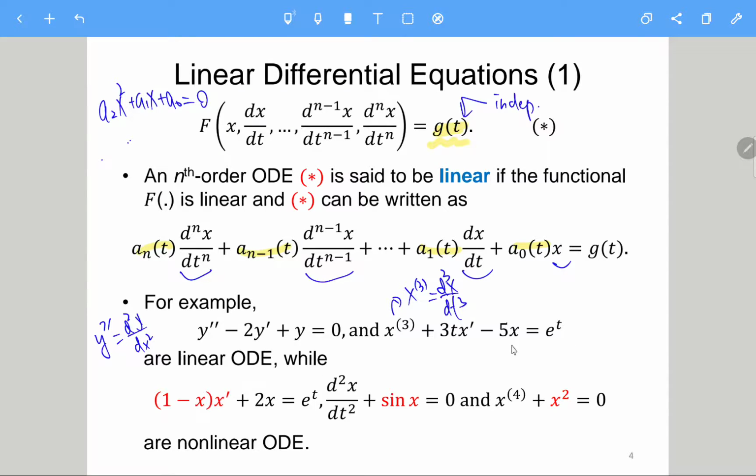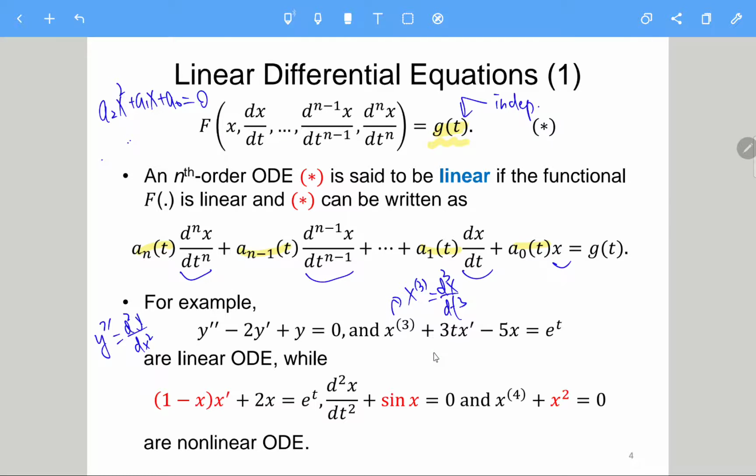And for this one, this is a third order ODE. On the right hand side, we have a function of the independent variable, exponential of t. On the left side, it consists of terms up to the third order derivative. The coefficient for the third order term is 1, and for the second order term it is 0.